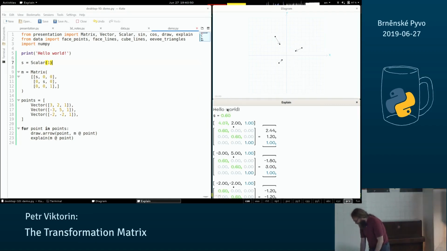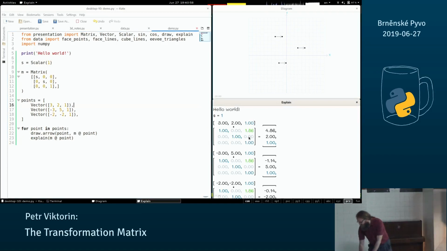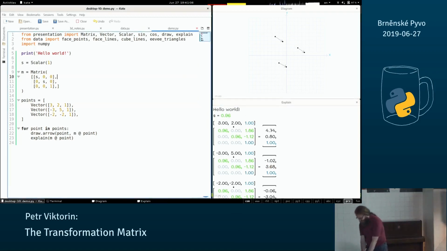So what can our matrix do now? It can move the points. It can zoom the points. It can flip the points. What else is there? You can see there are a few more numbers we can tweak.